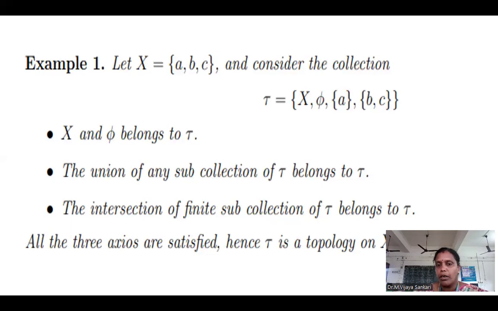Then the union of a subcollection of tau belongs to tau. Third condition, the intersection of a finite subcollection of tau belongs to tau. Therefore, these three conditions are satisfied. Hence, tau is the topology on capital X.